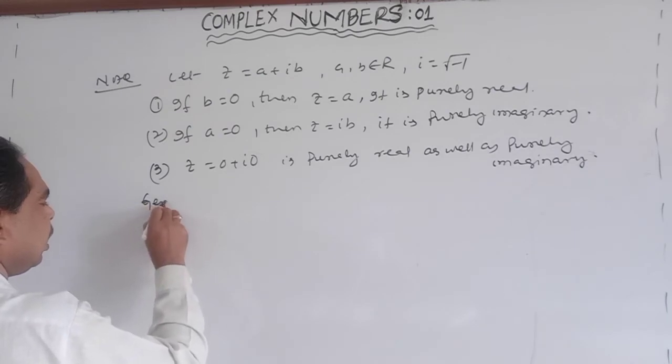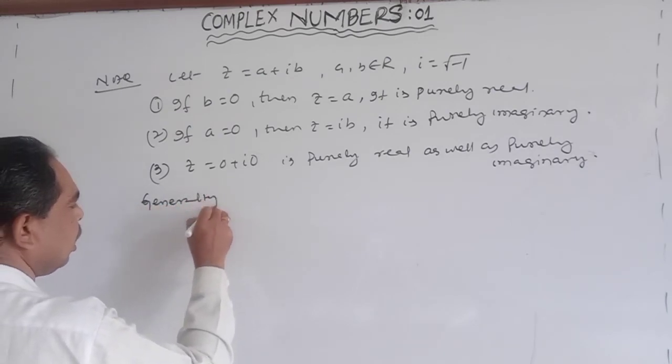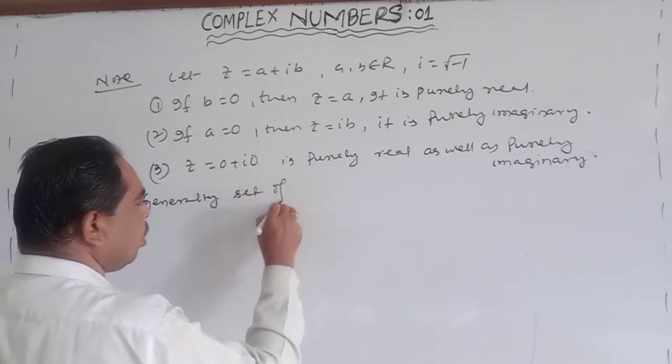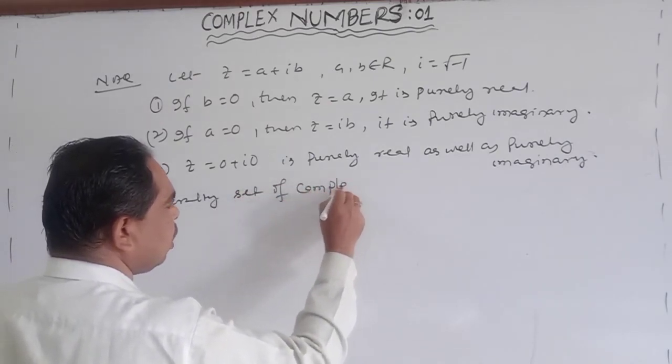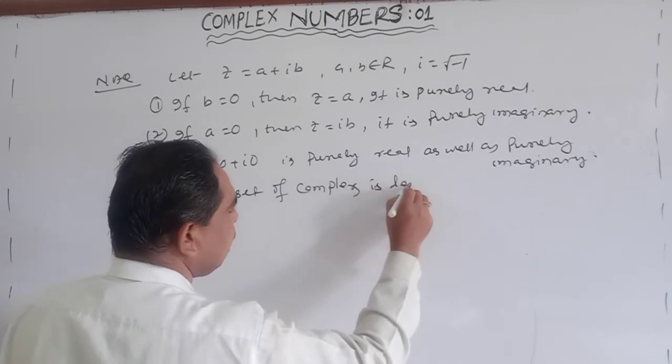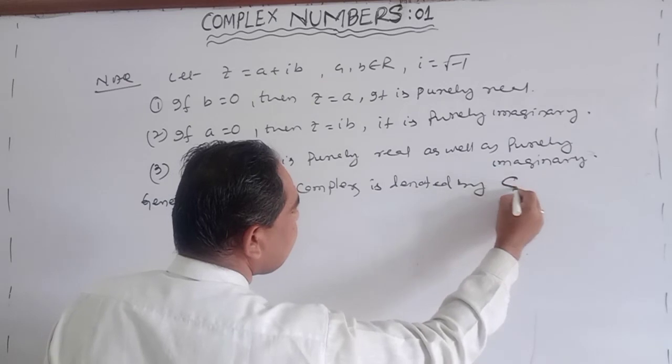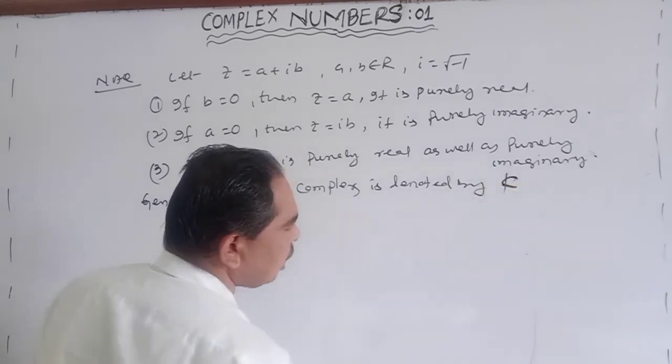Generally the set of complex numbers is denoted by capital C. Okay.